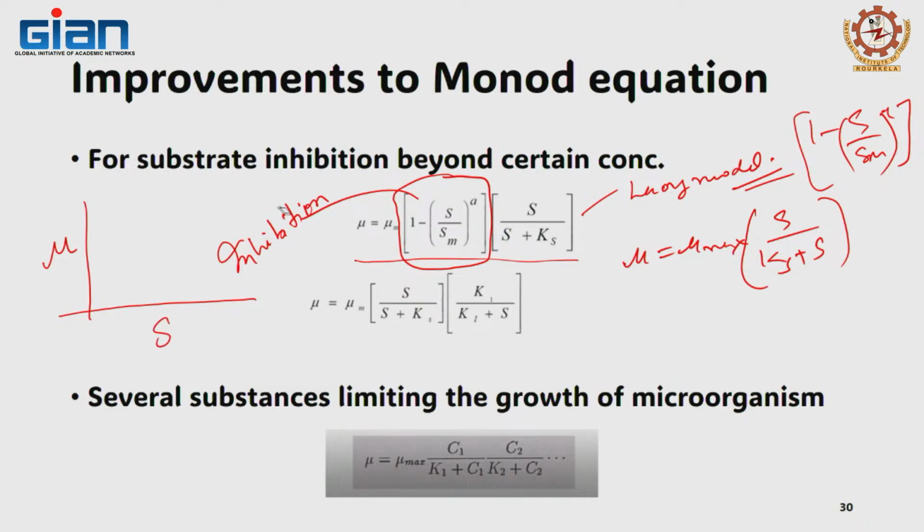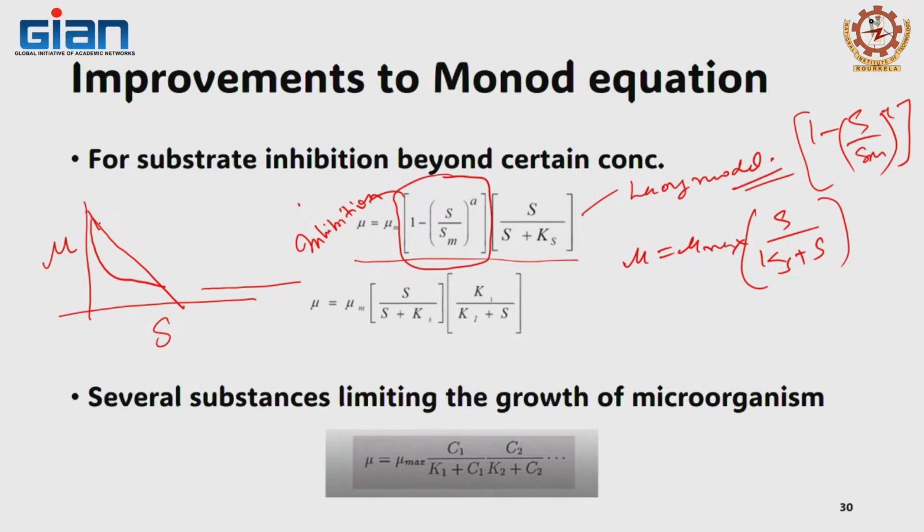So, let's make a graph. When we are talking about inhibition, there are two ways the mu will behave with respect to the substrate concentration. Either it will follow an asymptotic curve, or it will follow a straight line, a declining straight line, or with a negative slope.